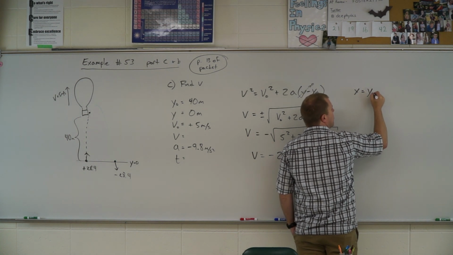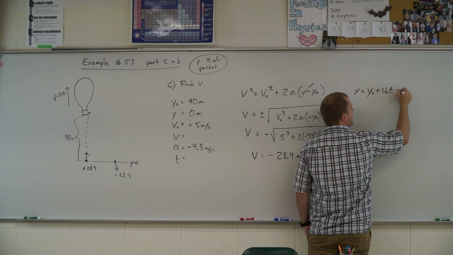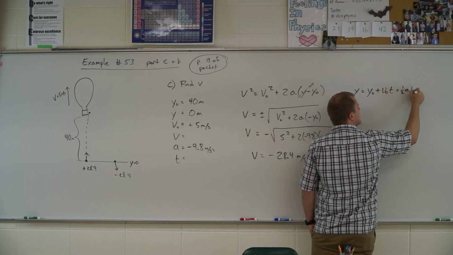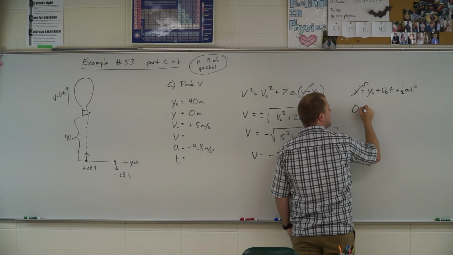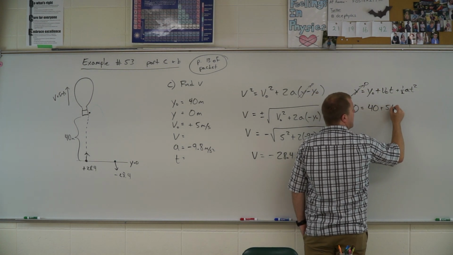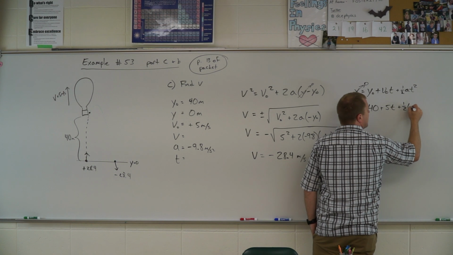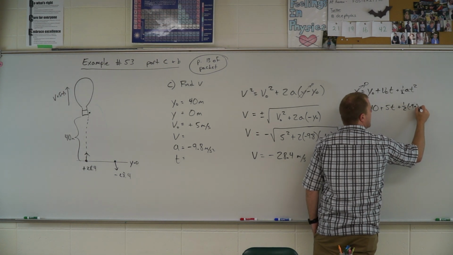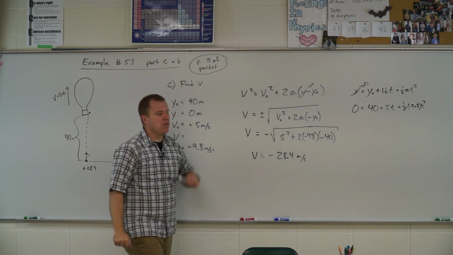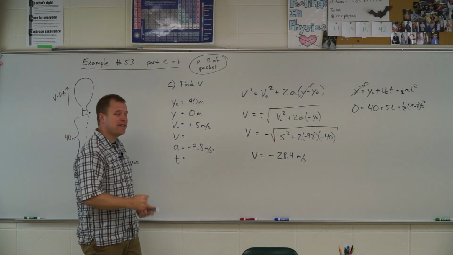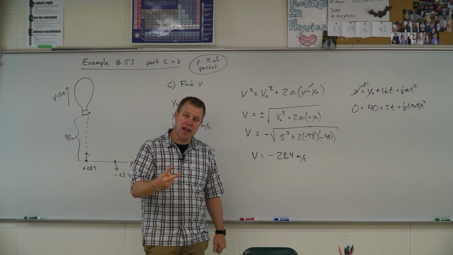So y equals y naught plus v naught t plus 1/2 at squared, and we'll cross anything out that's 0, so our final height is 0. So I have 0 is equal to 40 plus 5t plus 1/2 times negative 9.8t squared.